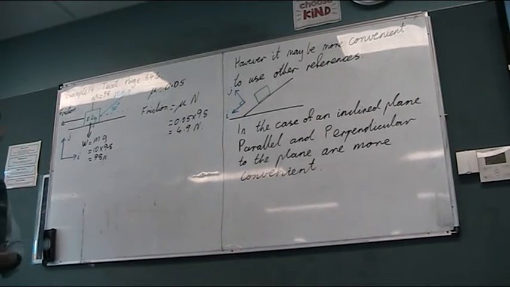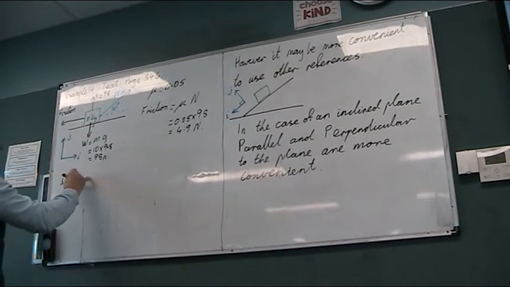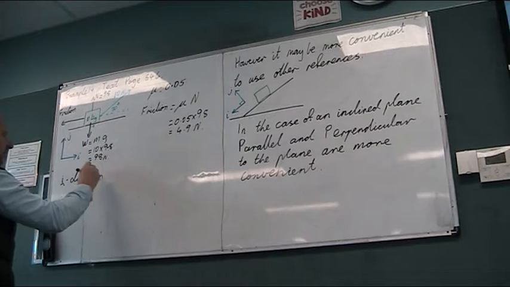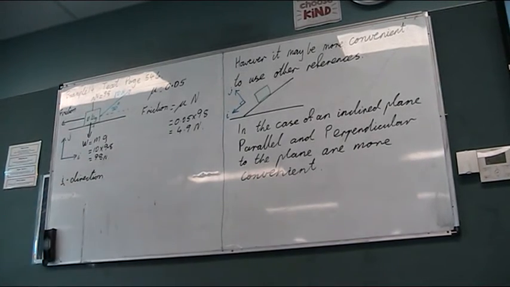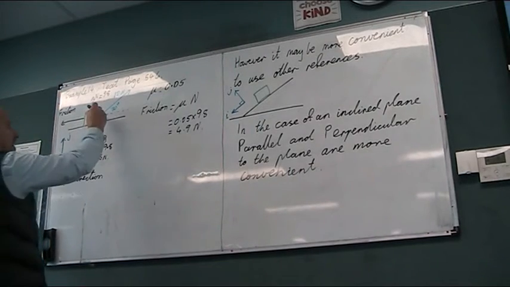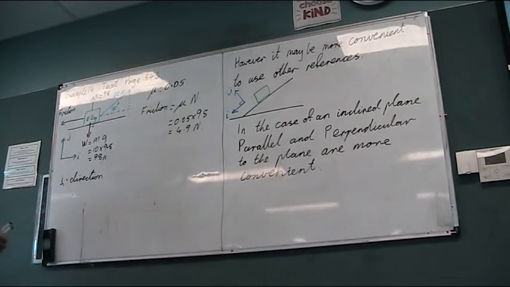So what we can then do is split it up into two bits. So in the I direction, what have we got happening? Alright, so that's horizontal. So this is where we need to split up our force that's at an angle into two parts.